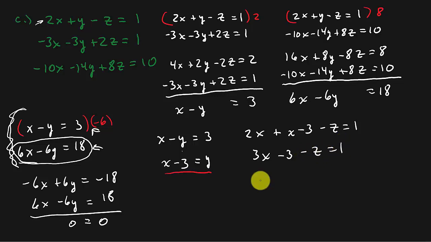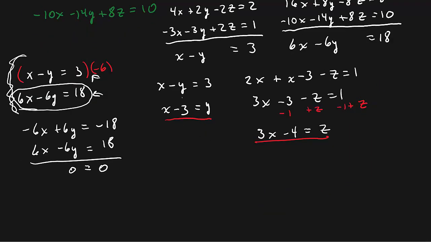How about we add z to both sides and subtract 1 from both sides. That's going to give me 3x minus 4 equals z. And so there is z.